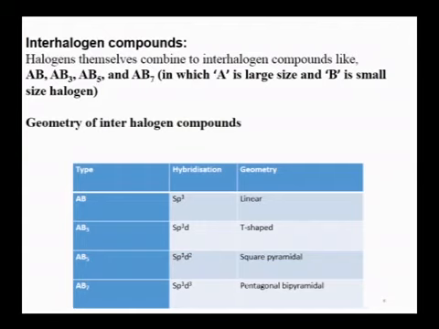Interhalogen compounds. Halogens themselves combine to form interhalogen compounds like AB, AB3, AB5, AB7, in which A is larger size halogen and B is smaller size halogen. Geometry of the interhalogen compounds. If AB type, hybridization is sp3, geometry is linear.